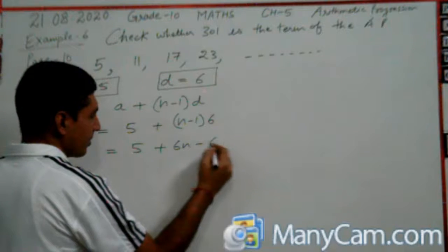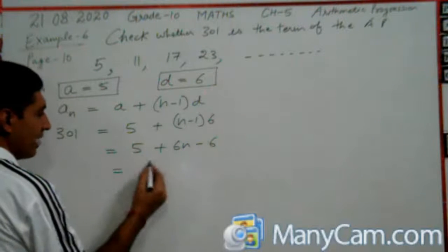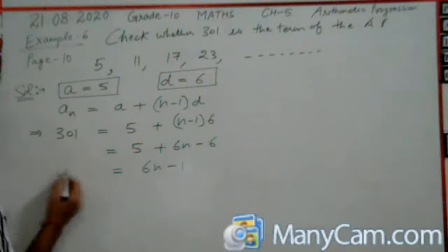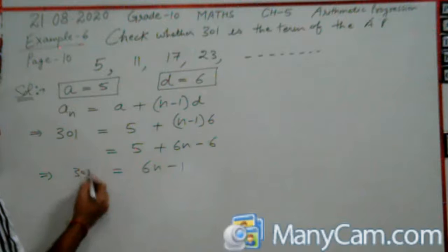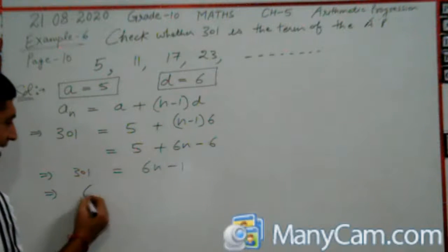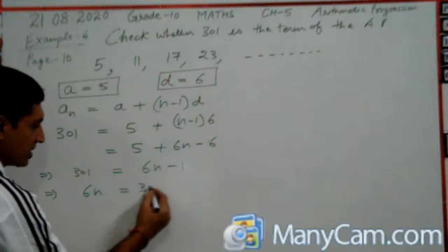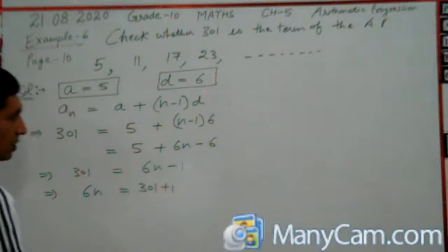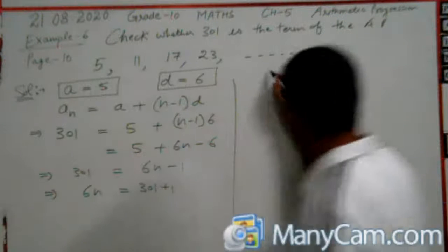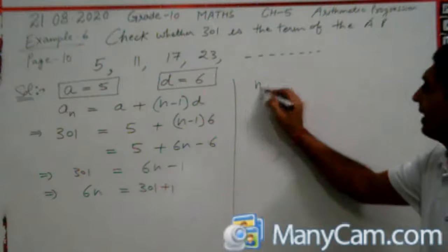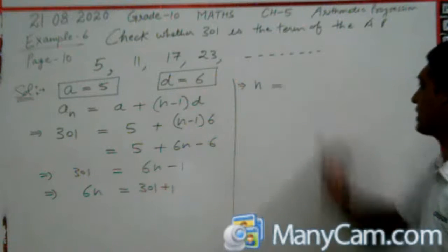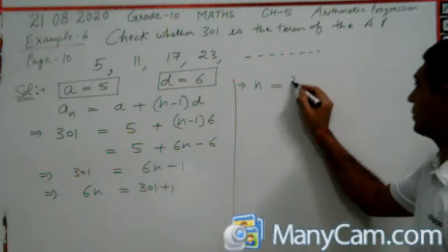So when we solve, we have 6n minus 1, and here we can use the implies sign. This implies that 301, so here we have 6n is equal to 301 plus 1. So we have the value of n. This implies that the value of n is equal to 302 upon 6.